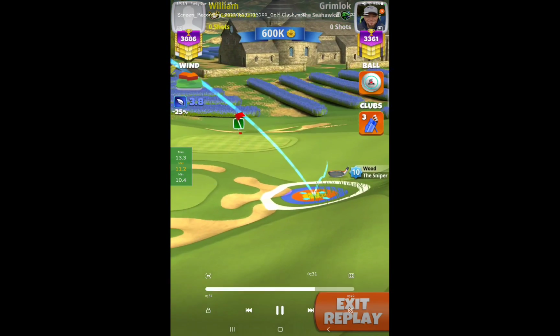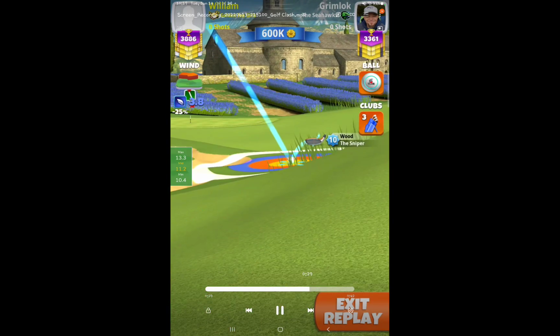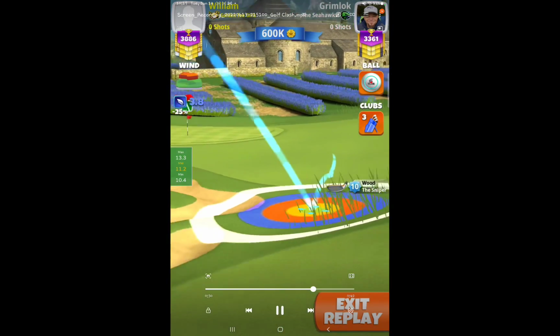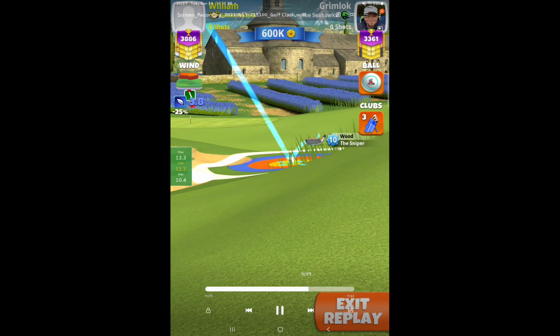So let's rewind this angle just a little bit, because this is a good picture that's going to demonstrate what I'm talking about. Here you can see from this camera angle that the shot is lower in relation to where I was standing on this hillside. It's the same exact concept.